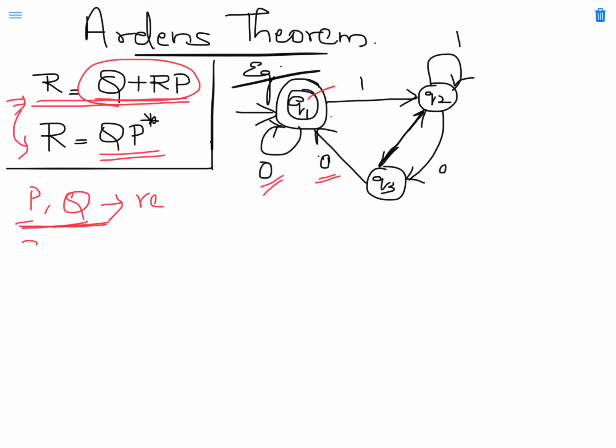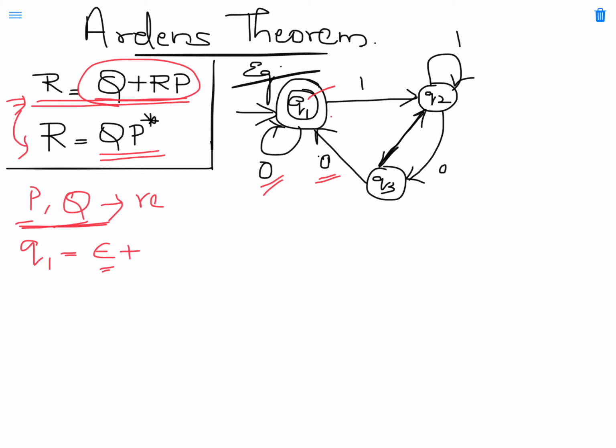You can write it like q1 is equal to, first, it is an initial state, isn't it? So you write epsilon plus. Since the state is an initial state, I have included this epsilon. Only for the initial state we will be using this epsilon element.